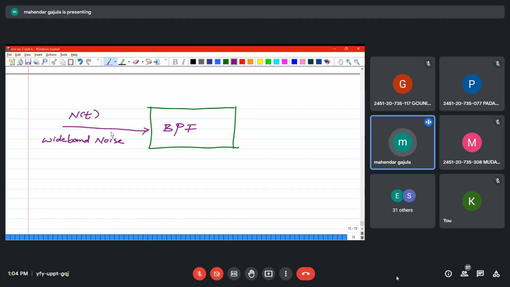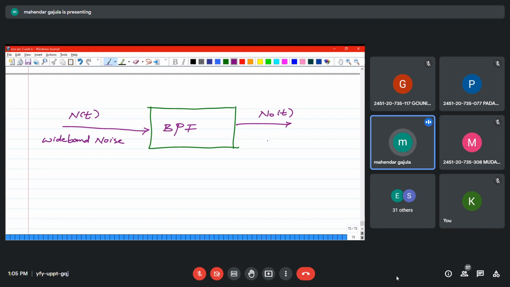The range of the frequency is more. And what is a band pass filter? Can you tell me? So normal definition, you know it. Let me write the output is N naught T. Even though the bandwidth of the input is very high, the band pass filter allows only a certain range of frequencies.